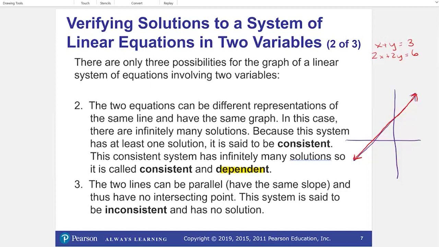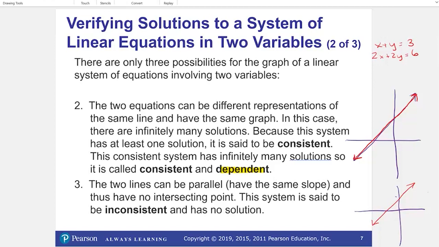And then the last one, and we have pictures of them coming, but the last one is the two lines. If they have the same slope and have no intersecting points, it's said to be inconsistent and has no solution. So something like parallel lines are like train tracks.